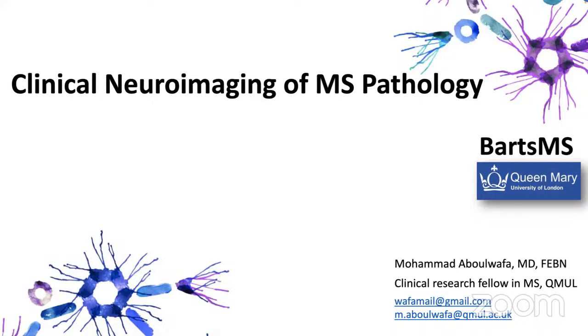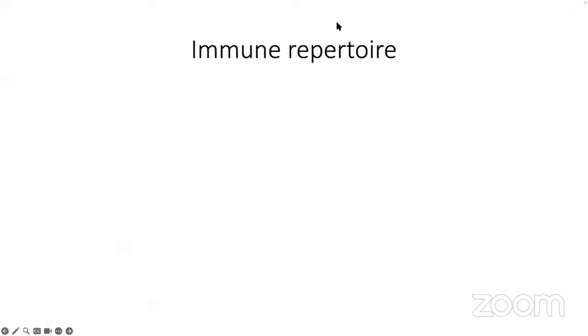So today we will discuss how the MS pathology starts and evolves in the MS brain, and how this can be reflected on brain scans. I assume you are like me when I started to develop a bit of understanding about multiple sclerosis: I did not have a broad, solid understanding of neuroimmunology.